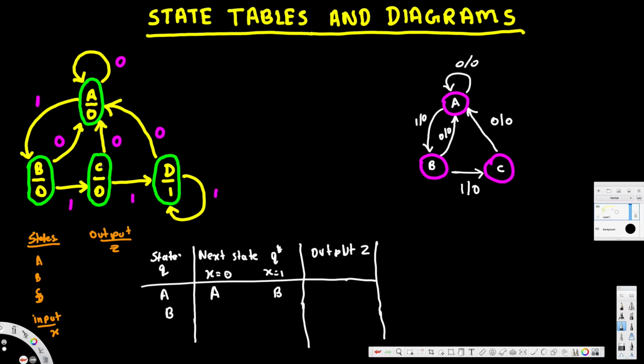For B, it's 0. For C, it's 0. For D, it's 1. So since we are looking at A, it's 0.